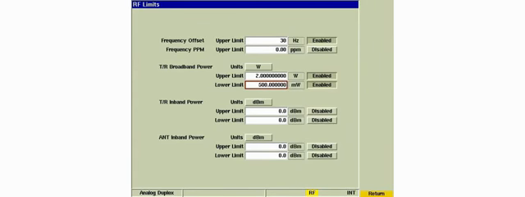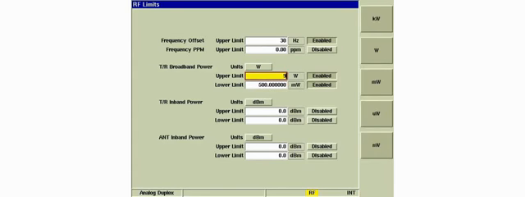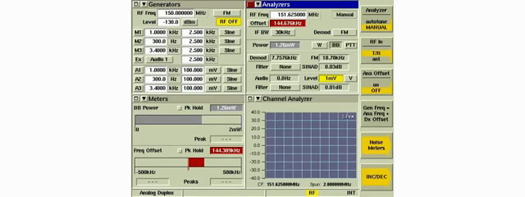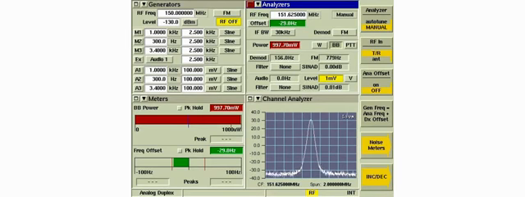Now let's assume the power can be no higher than 900 milliwatts and no lower than 500 milliwatts. We know at a glance that the transmitter is failing its power specification and that it is too high.